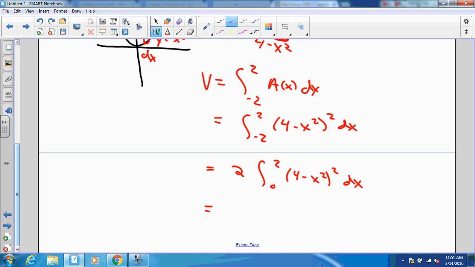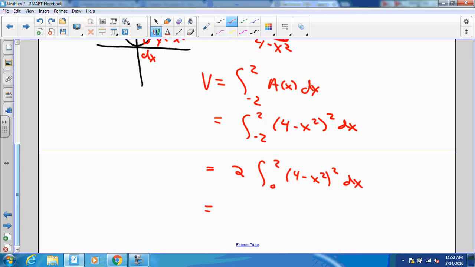And now, what's my strategy for evaluating this integral? Substitution, u equals 4 minus x squared, du equals negative 2x dx. I'm missing a big x right there. That's going to be the problem. Repair, same issue. If I can't substitute, I can't repair. A calculator, could you do that?